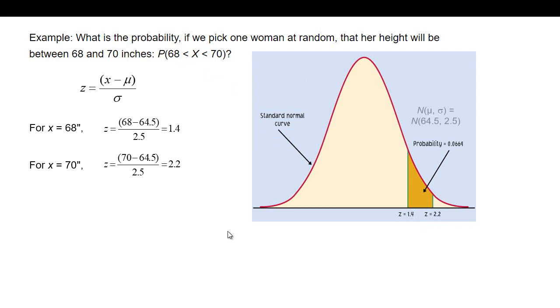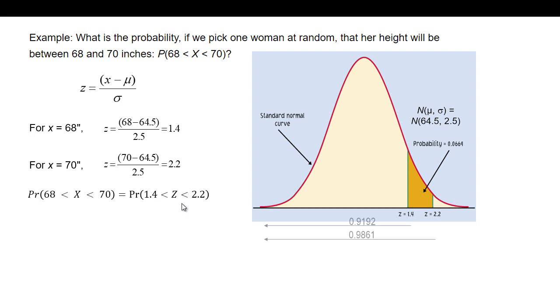So how do we find that? Like I said, this probability is for the standard normal distribution, so we can find it from the table that we have for the standard normal distribution.